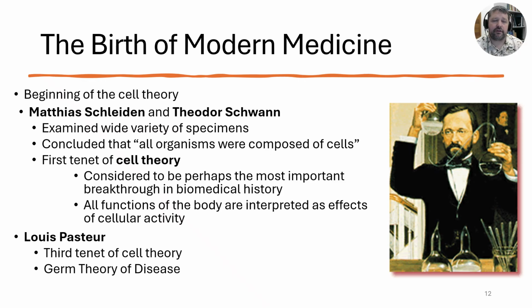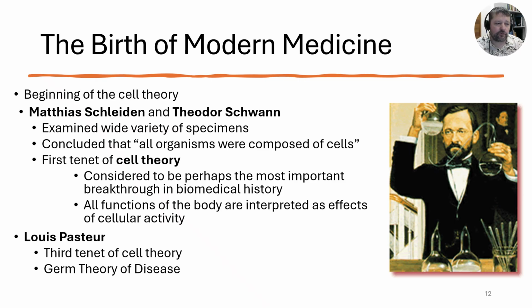And then you have individuals like Schleiden and Schwann, who started to come up with the cell theory, in that all organisms are composed of cells. Cells are the smallest unit of life. These individuals started looking at all organisms and trying to connect the cellular aspect to the tissue level aspect, to the organ level aspect, and on.